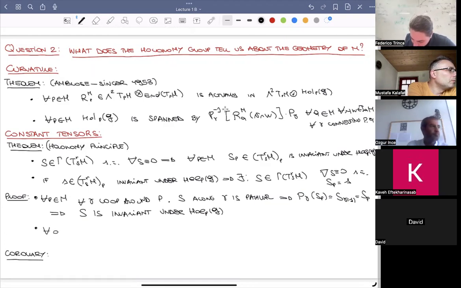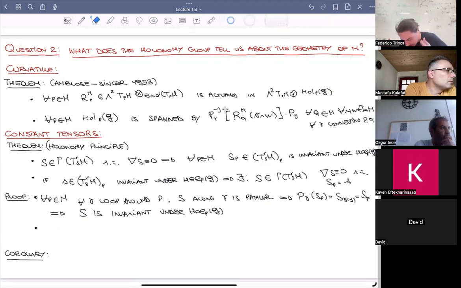On the other hand, in the second part of this theorem, what I want is to construct a tensor.